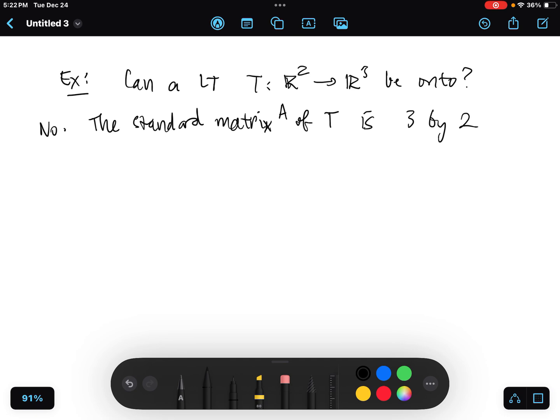So when you have a 3 by 2 matrix, what's the maximum number of pivots you can have? 2. So A has at most 2 pivots.